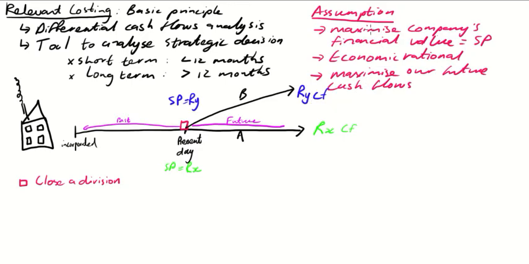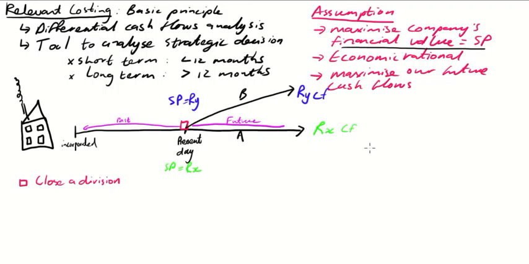Now, if we go with the assumption that the company wants to maximize the financial value of that company, so we want to maximize the financial value and therefore maximize the share price of today, it means we want to maximize the future cash flows. And a rational manager would choose the future that results in the highest cash flow.